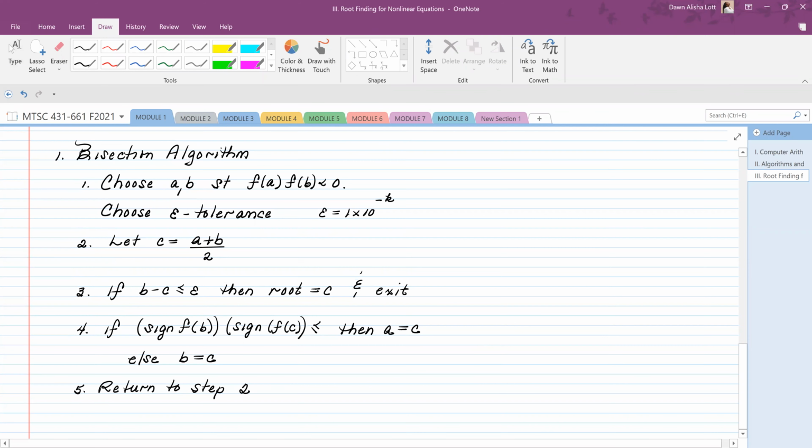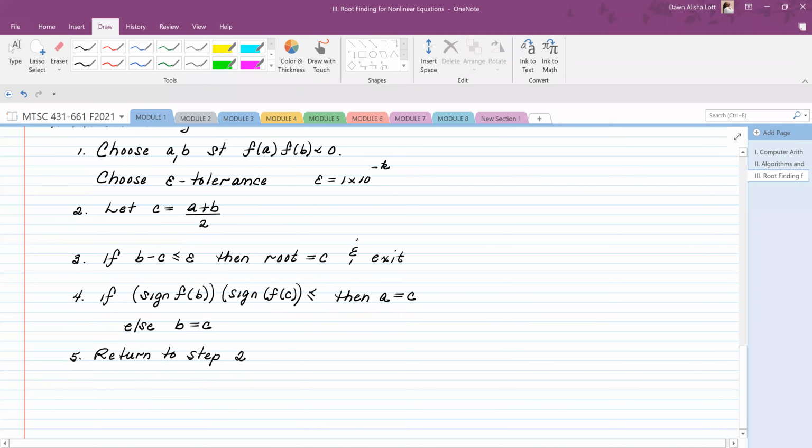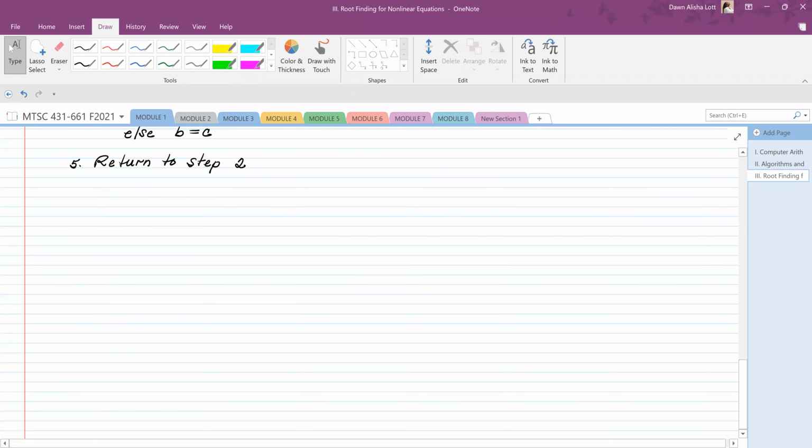Any questions about that algorithm? Do you see how it actually works? Not a hard algorithm.